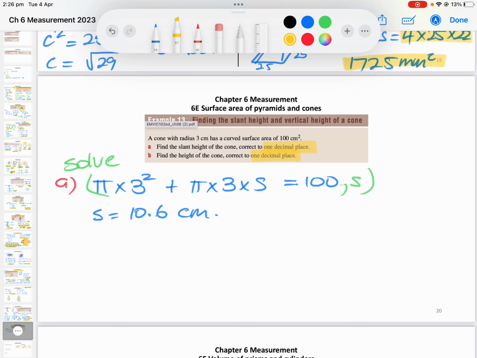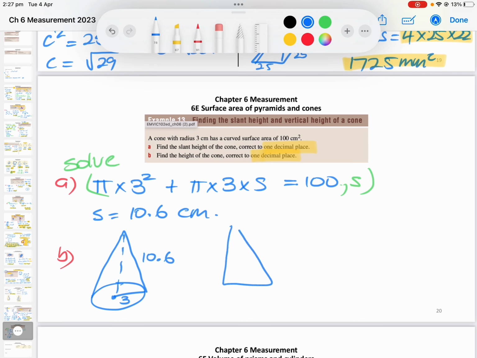And now find the height of the cone. All right, so I know my cone looks like this. I know that it has a radius of 3, a slant height of 10.6, so I can make myself a triangle here. 10.6, 3, I'll call this ABC, and I go C squared equals A squared plus 3 squared.